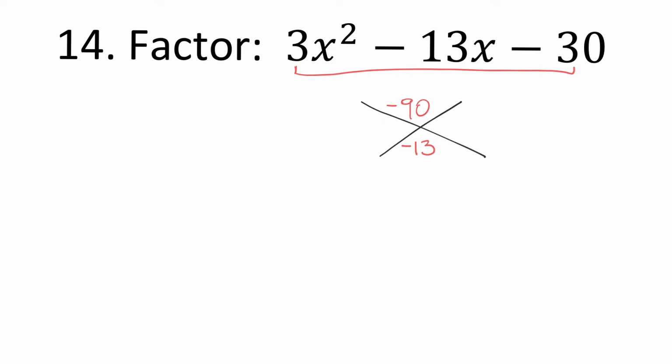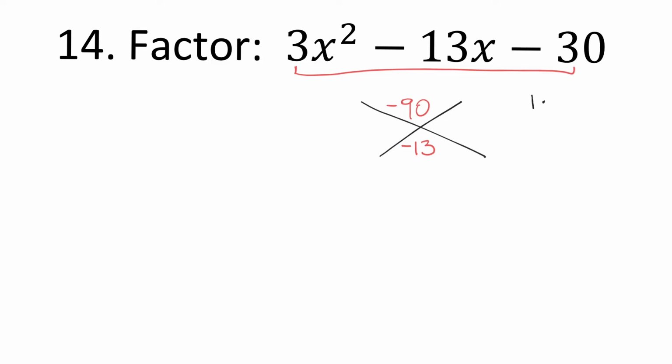I know that one of the numbers has to be negative because we need to get a negative 90. So one of those factors has to be negative. And the biggest number has to be negative because the b term is negative. So I'm just going to start writing a list of numbers. I always start with the 1.